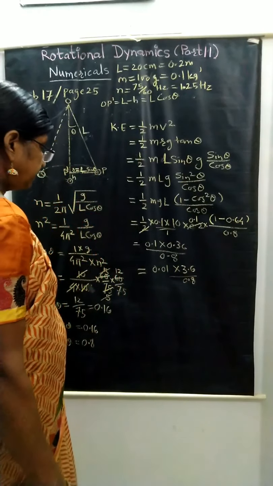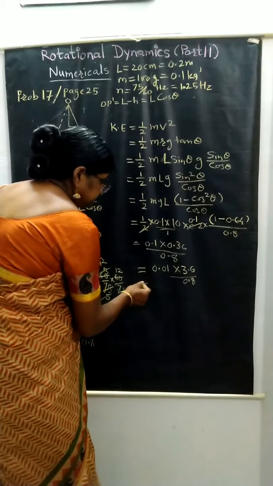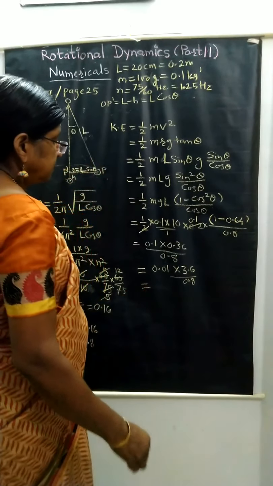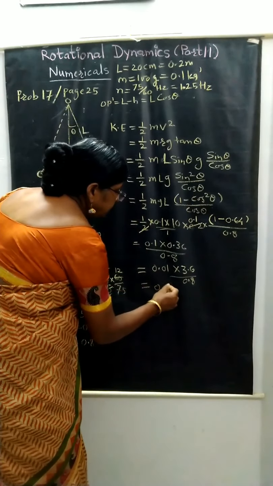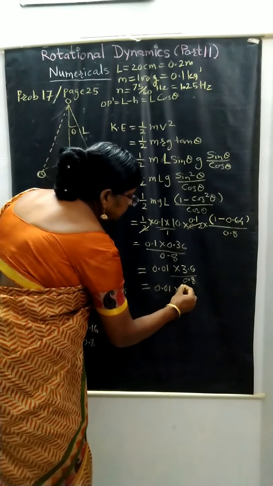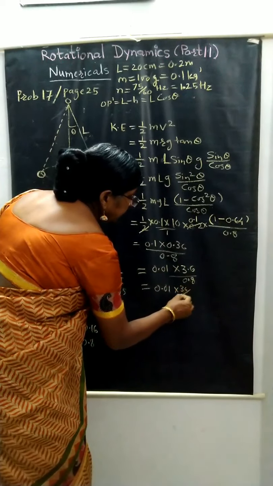So when we divide it, it will be equal to 0.01 into 36 upon 8.